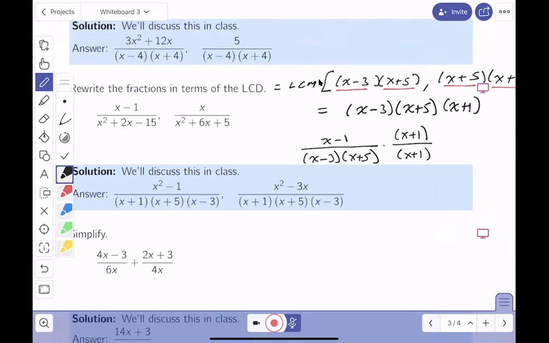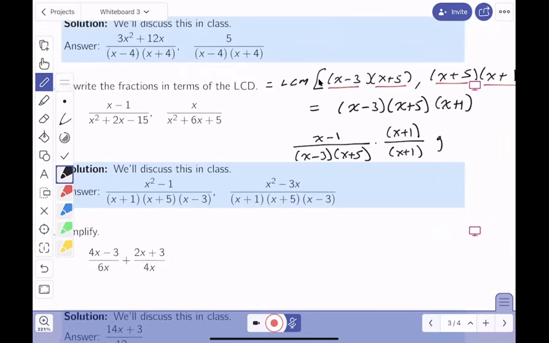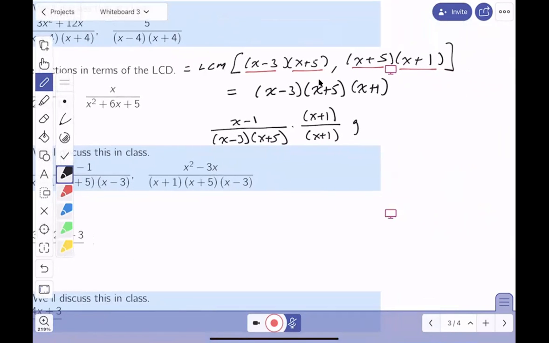We'll do that later. Comma. Keep moving over. I know it's a lot of work. We're trying to encourage you to do the work. X plus 5, x plus 1 times. Well, what's the missing factor there? Well, it's got x plus 5, x plus 1. It's missing x minus 3 now.